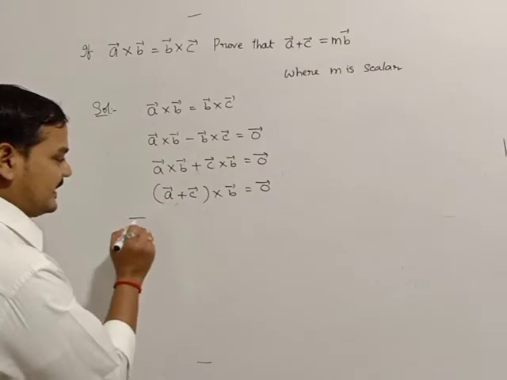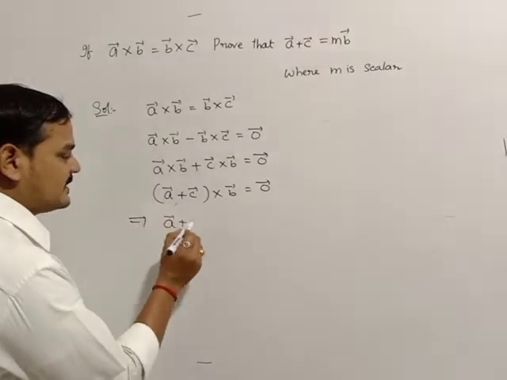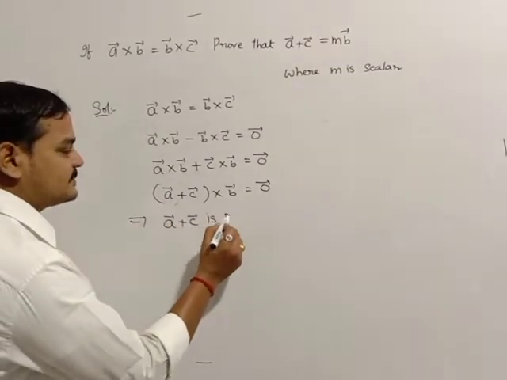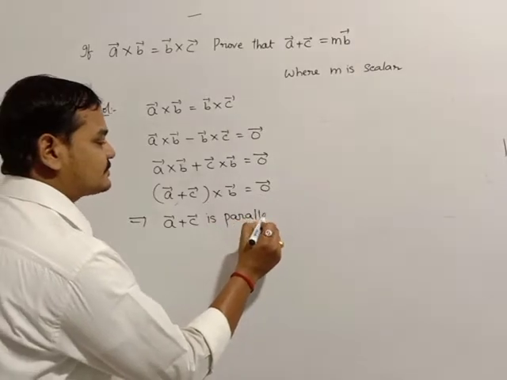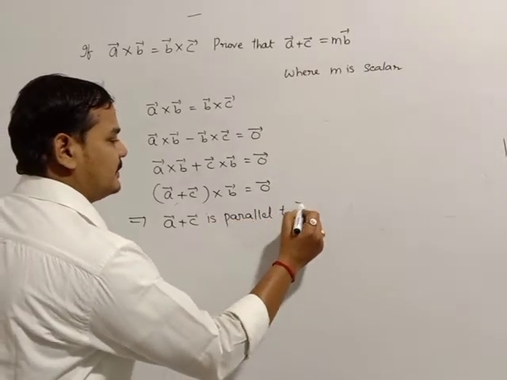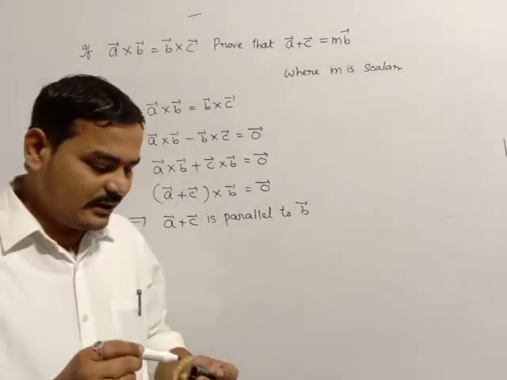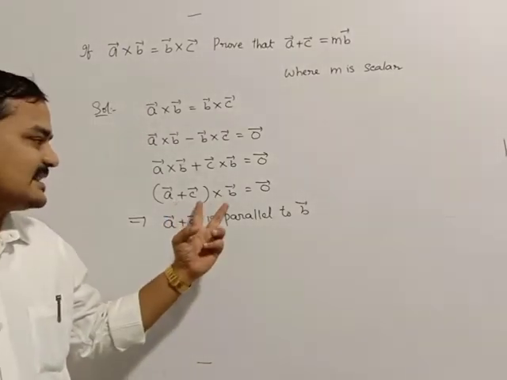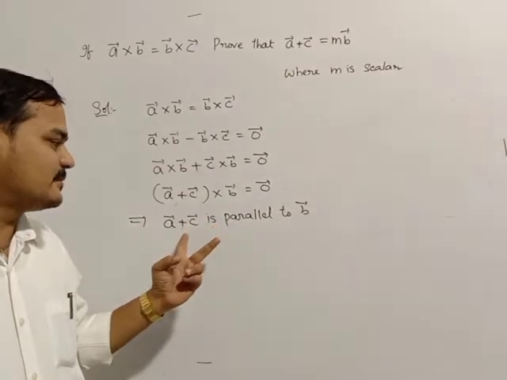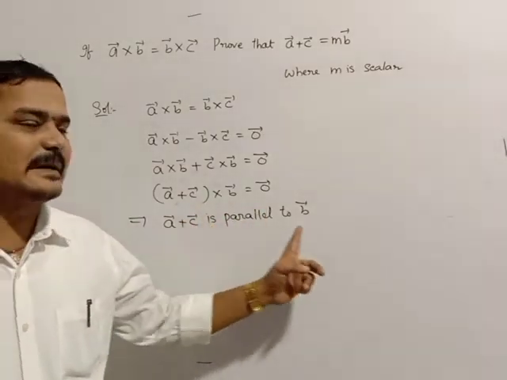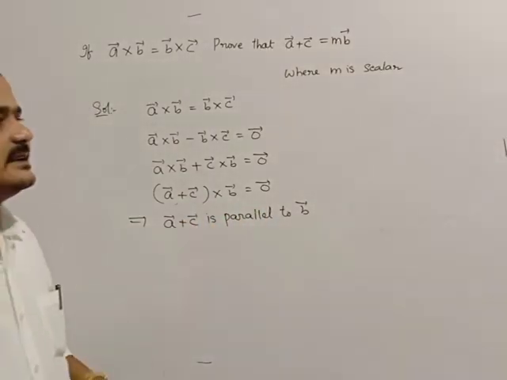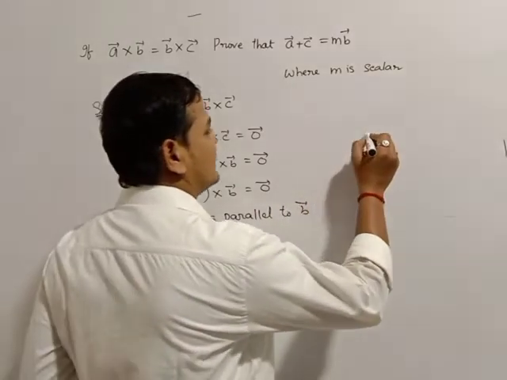So this implies A bar plus C bar is parallel to B bar. If the cross product of two vectors is 0 bar, then automatically one vector must be parallel to the other. What is the definition of parallel?